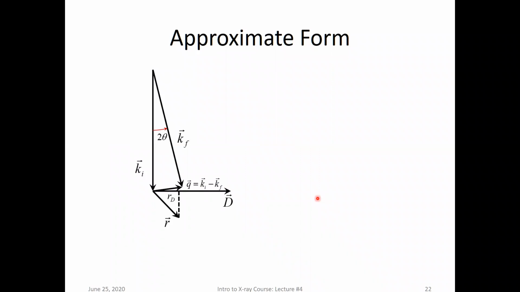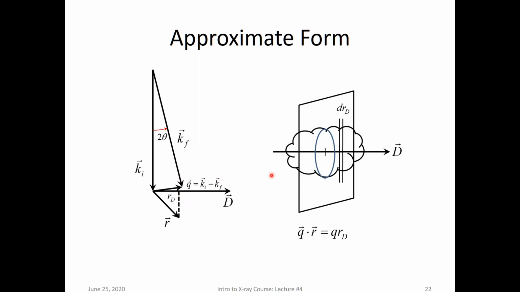If I take that complicated expression, I have my incident wave coming in here. This is my sample. Here's my exit wave coming out. I can calculate all the normal scattering geometries. But an important thing to consider is that at small angles, this is a very small angle here, q dot r is just q times r.